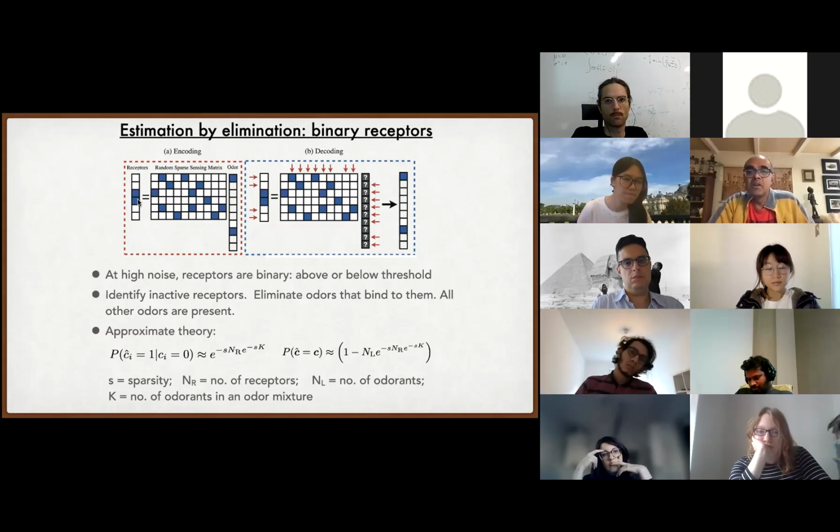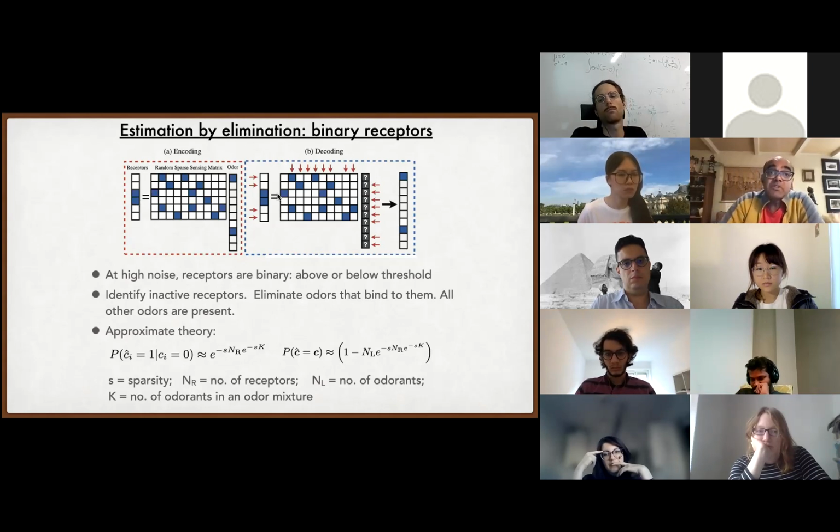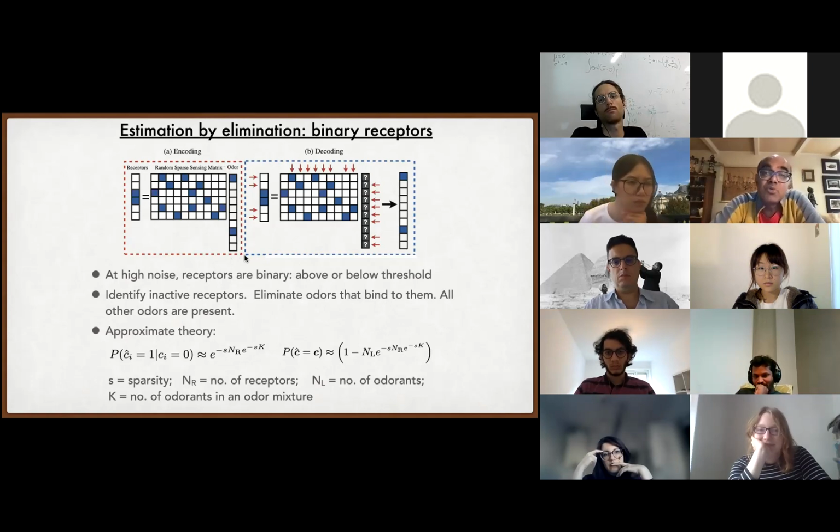So the observation I'd like to make is that a very, very efficient way of decoding such combinatorial representations is to use the power of silence. What I mean by that is that receptors that do not respond in such systems are actually more informative about the identity of the original odor than receptors that do respond.